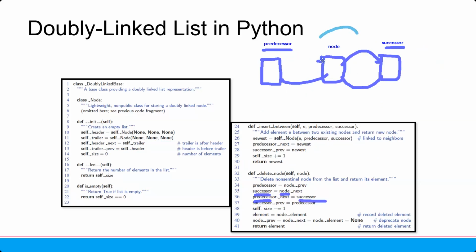So we will remove this one and change the next of the predecessor to the successor. Successor dot previous will be the predecessor. So we will remove this one and we will update this one with the predecessor. Now the size will be minus 1. So we will remove this one.